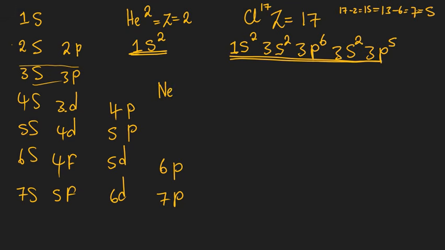Neon is having how many? 10. So its Z is equal to 10, so the electronic configuration will be: we have the first S there, which is holding 2, so we're going to remain with 8. Then we're going to have 2s, 2p in the second row. Then the s orbital holds 2, so we're going to remain with 6. Then we're going to have a 6 here. So this one is for neon.